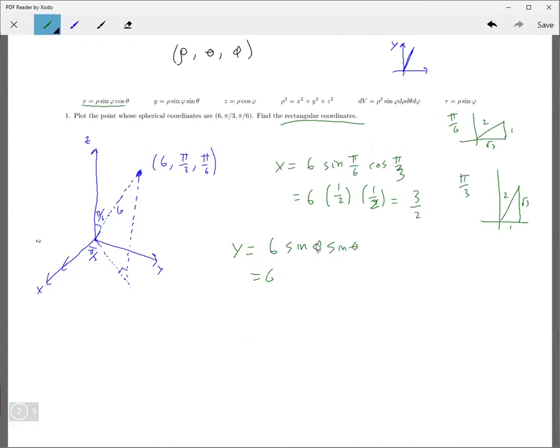Wait, phi is pi over 6, I'm sorry. And theta is pi over 3. So sine pi over 6 would be 1/2. Sine pi over 3 would be root 3 over 2.